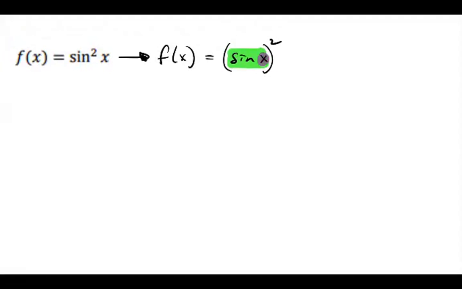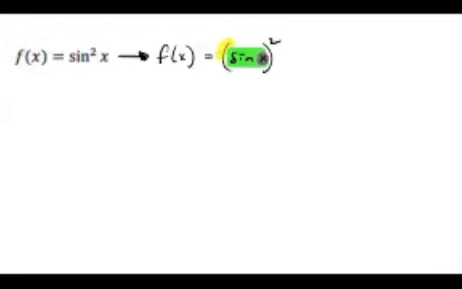And then the outside is everything that's not highlighted. The whole thing, right? Okay. So I got 3 layers of this guy. 3 layers. So I'm going to do the outside first.